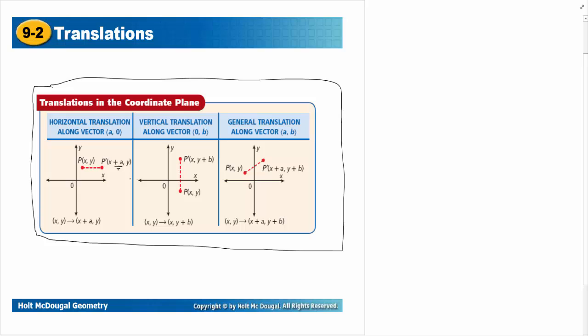Okay. Same thing here, we have a vertical distance, we're using that same value B, but it's going vertical, right? So this would be 0, B.